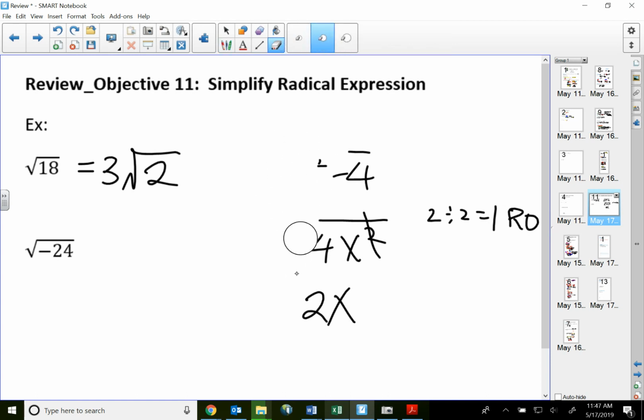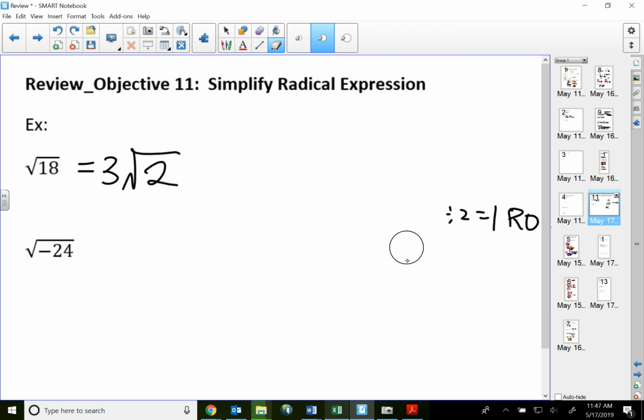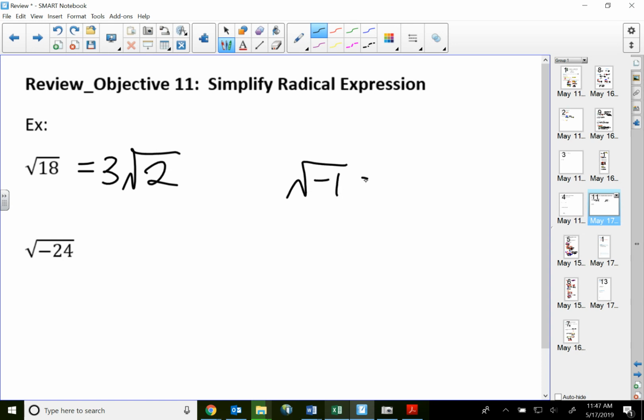Now, you have probably encountered imaginary numbers before. The square root of a negative is always equal to the imaginary number i. So I know for this example, my answer will have an i in it. All I have to do is break down my 24 using prime factorization.